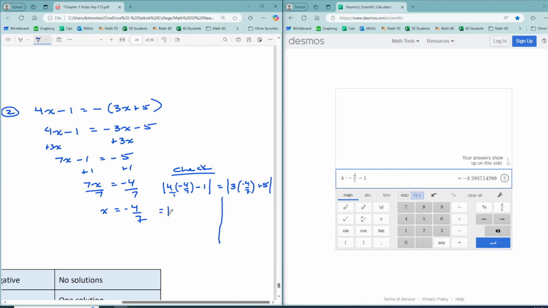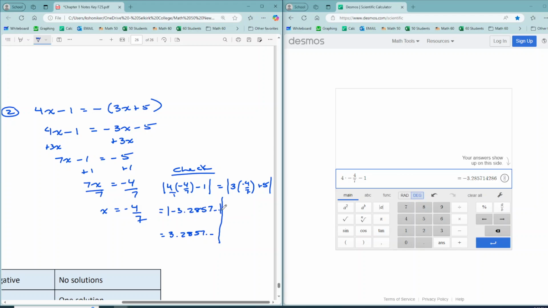So on the left-hand side, I have the absolute value of this gross decimal, negative 3.2857 dot dot dot. And when I take the absolute value, it's going to come out to positive 3.2857 dot dot dot.